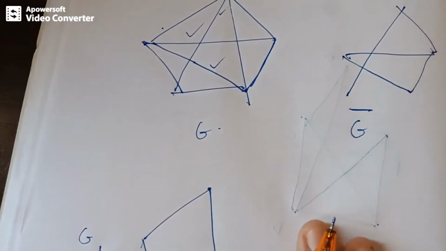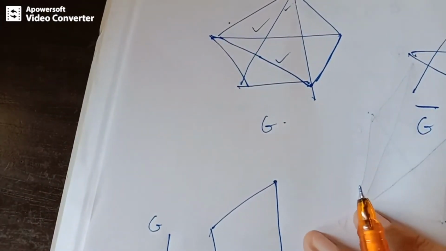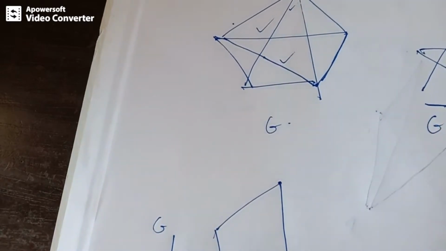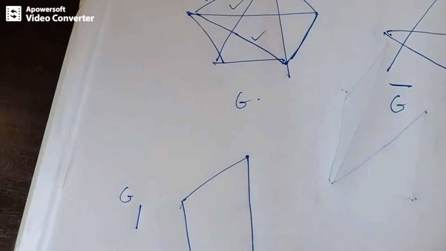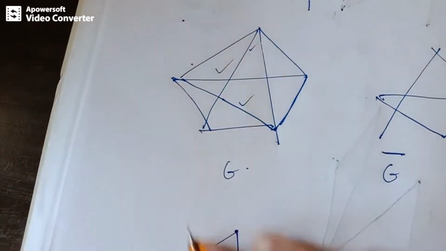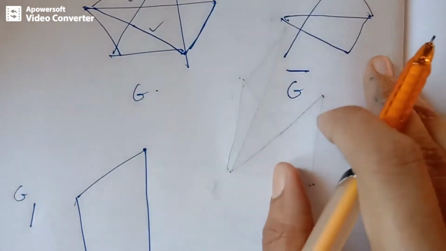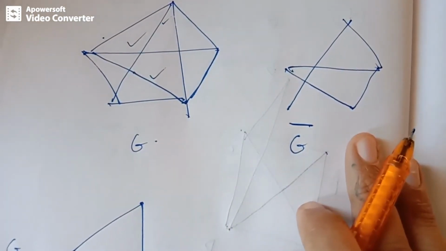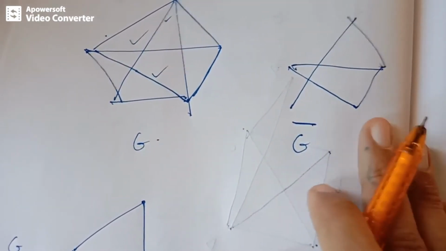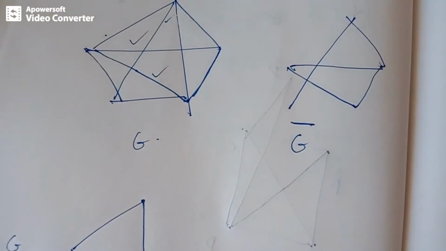So that is your G complement. So from the original graph you are getting a subgraph, and the subgraph once again obtained by deleting all the edges which are there in G1, and that is with reference to G, and including all the rest of the edges from the original graph in the resultant subgraph. So the resultant subgraph is called the complement of the subgraph. Okay, so this is your complement.